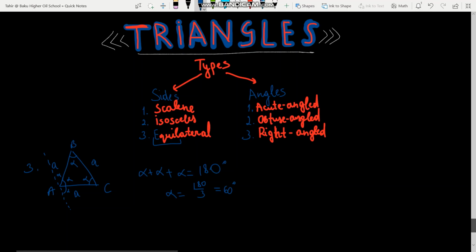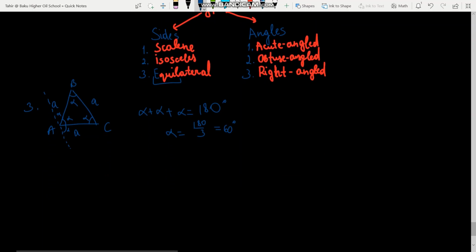Let's go to the scalene triangles. Let's change the color of this pen. The scalene type of triangles can also be shown here.